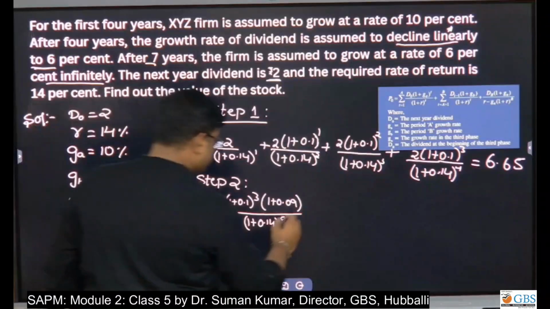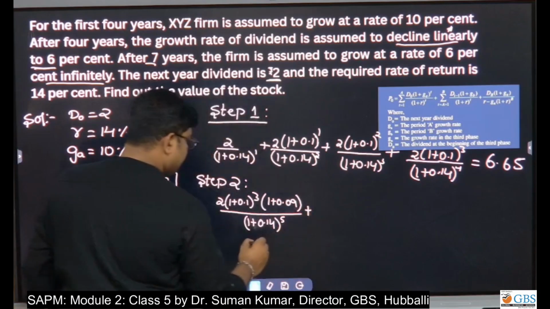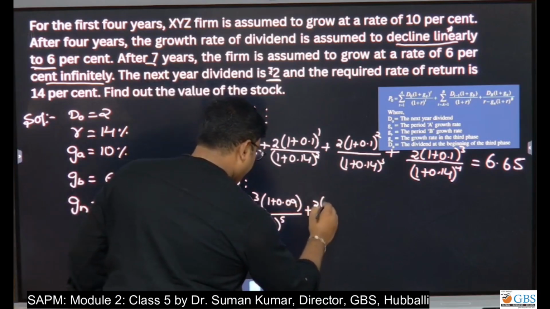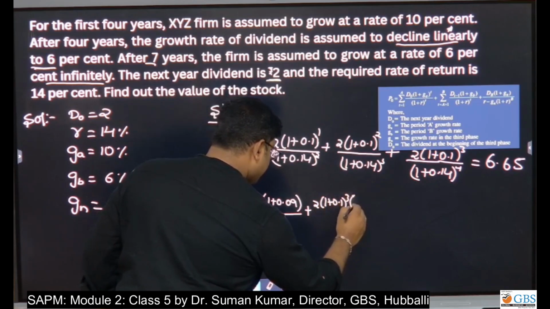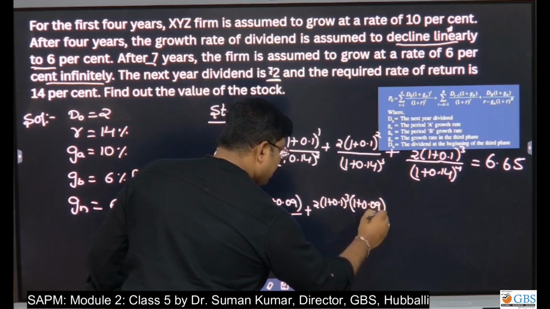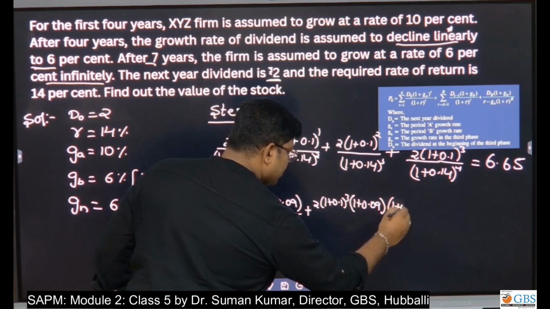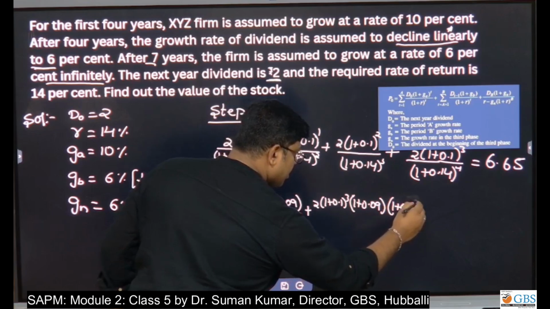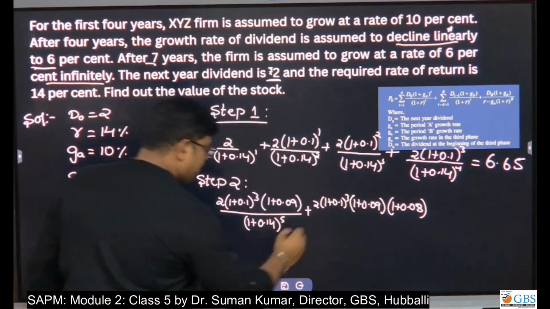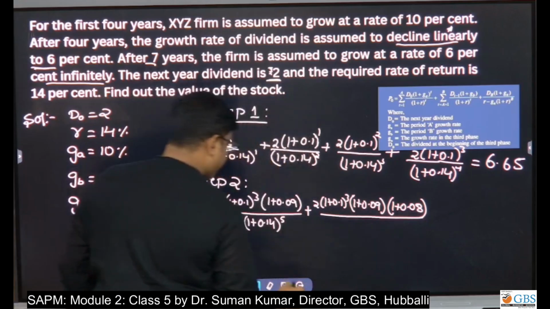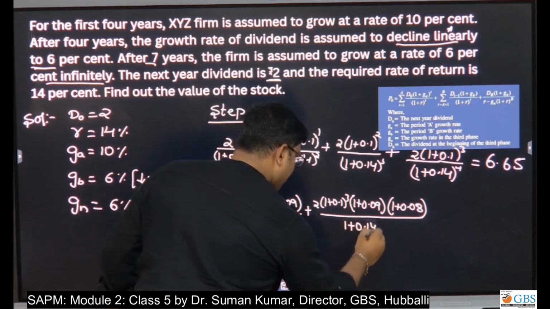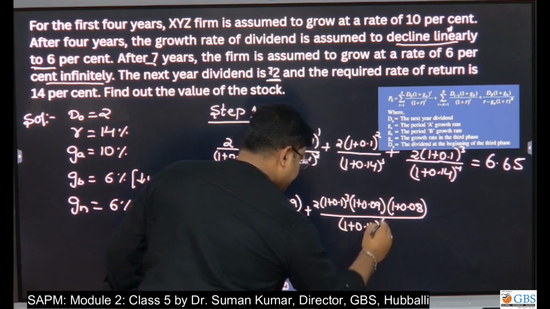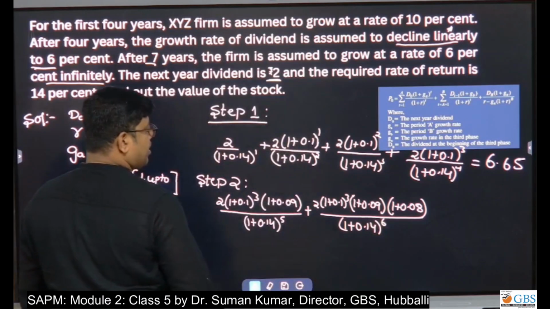Next part, 2 into (1 plus 0.1) raised to 3. This is 9%. The second part will be 8%. This will be divided by (1 plus 0.14) raised to 6.